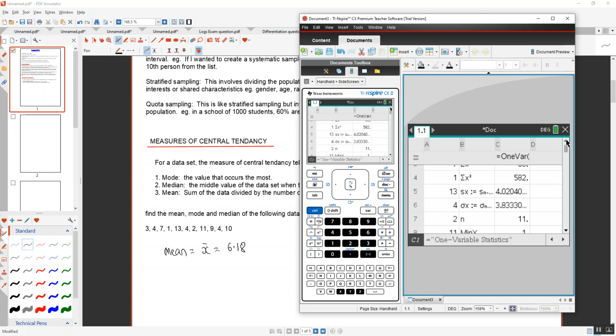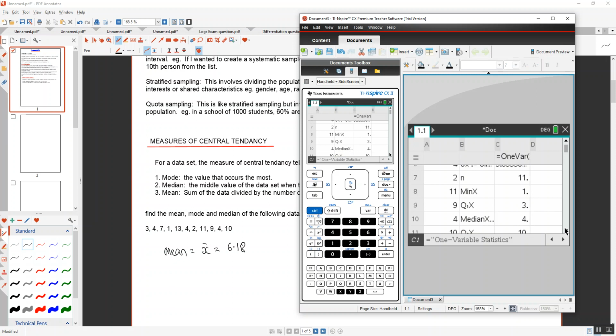This sx and this we will talk about later. n is the number of data points, so there's 11 data points. It tells us our minimum value, so the minimum value in our data is 1. Q1, do you remember what Q1 stands for? Our first lower quartile is 3.